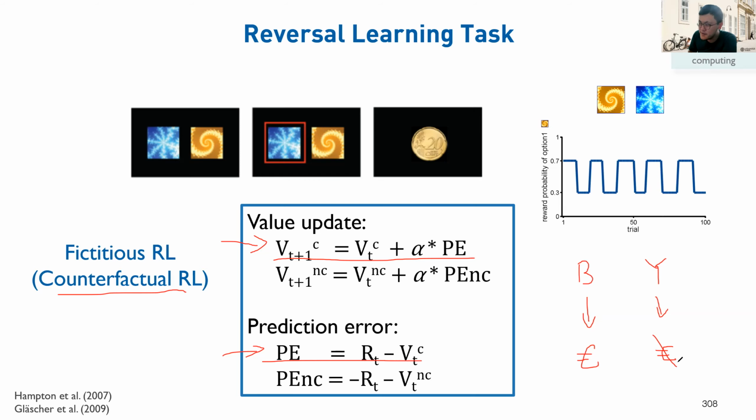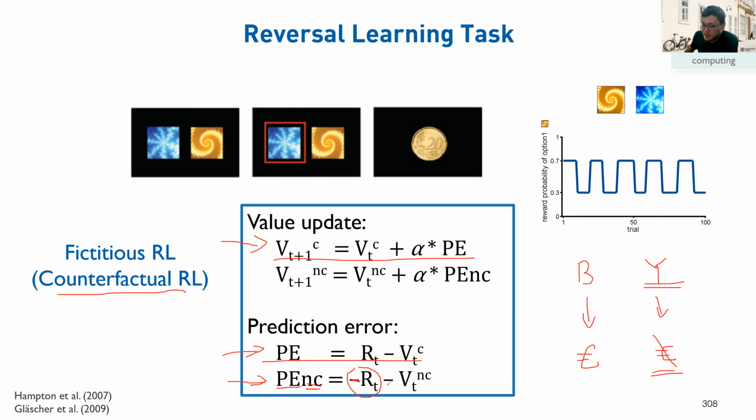So just the opposite. Here, we are calculating the prediction error of the non-chosen option, even though we didn't choose the yellow. But hypothetically, we are able to imagine that we would have gotten the opposite outcome, so just a minus sign.